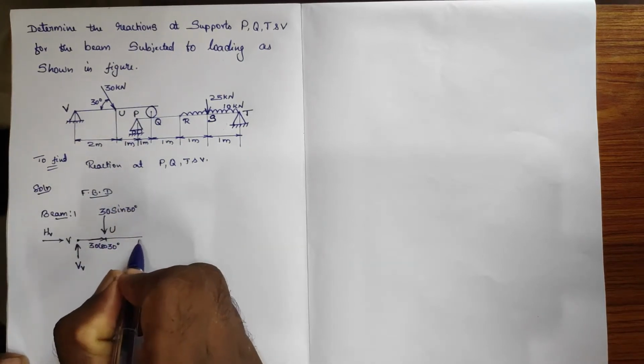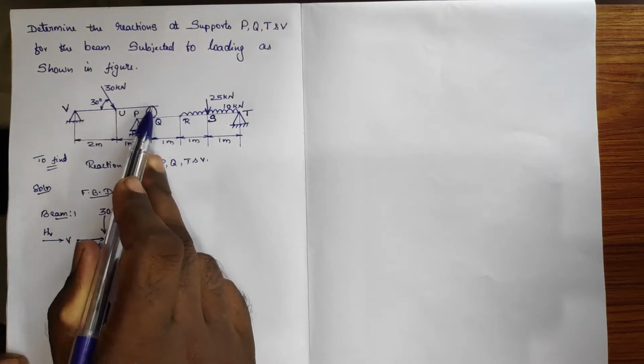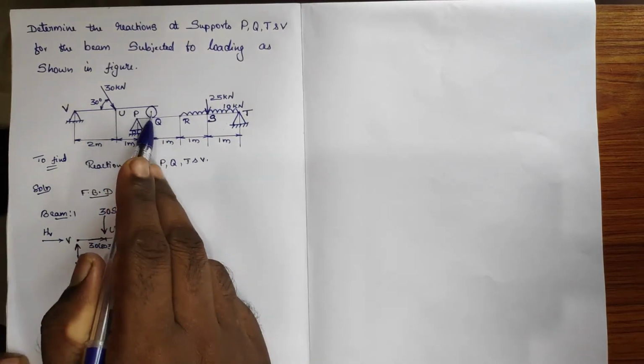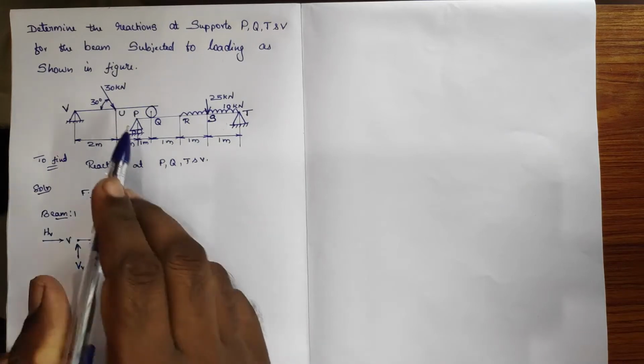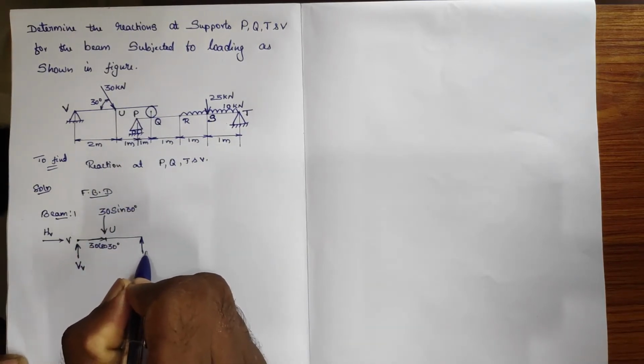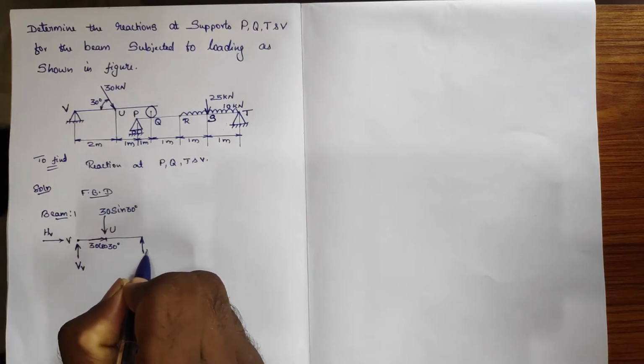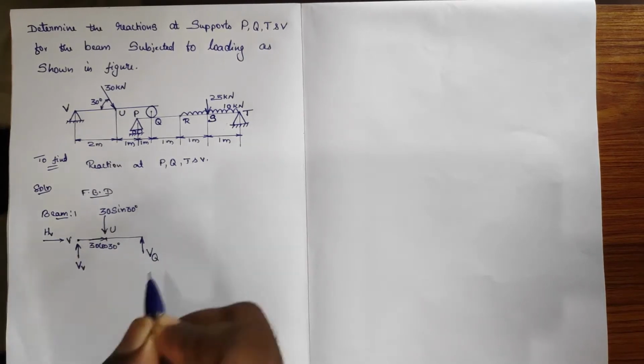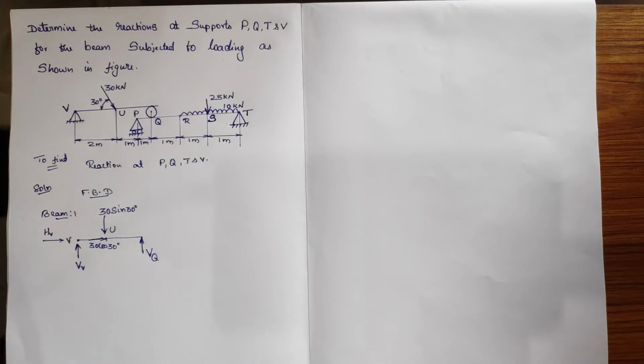That reaction force will be going upward, because reaction always goes outward from the point, right? So I am going to take that as V, the vertical force at Q. So this is beam 1.